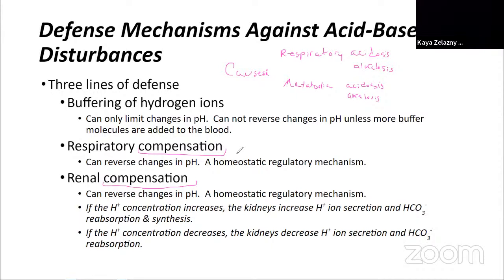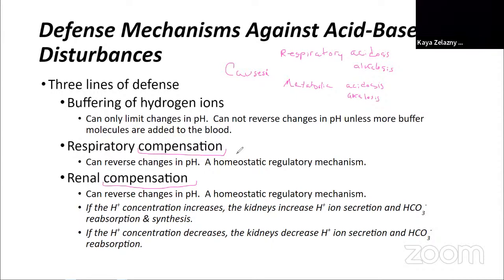This is a homeostatic regulatory mechanism. It's partially the responsibility of the chemoreceptors sensing this change, and then automatically, without your thought or particular input, changing things about the way your body functions in order to reverse that change in pH.